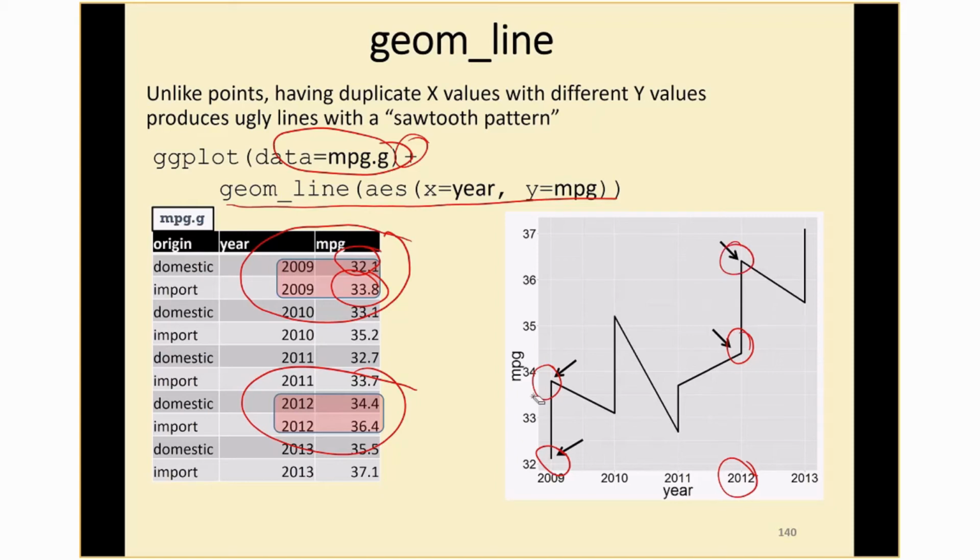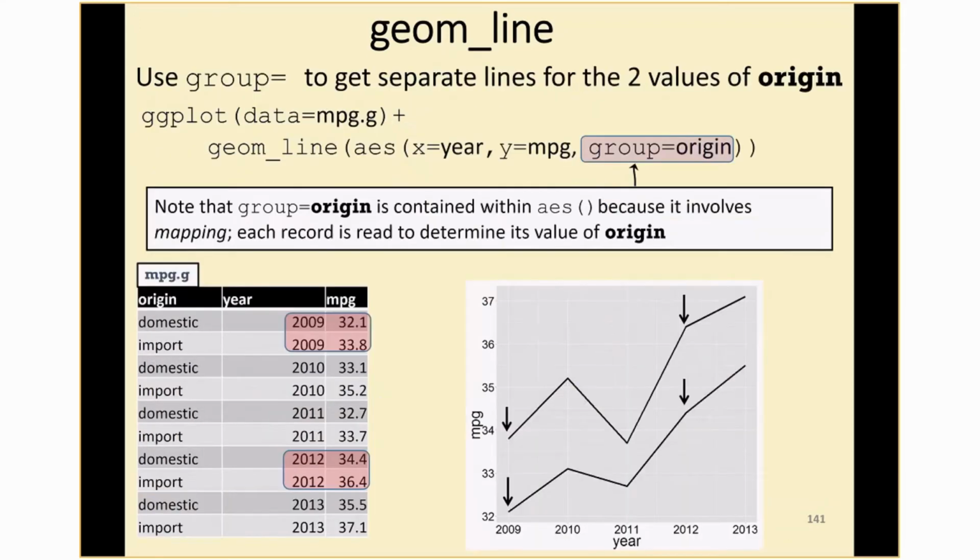Now, if this was a scatter plot, it wouldn't look that weird, because you'd have a point here, and a point here, and a point here, and a point here. But this is a line plot. So as a consequence of being a line plot, all these points get connected, and you're given this sawtooth type appearance. So how are we going to solve that problem?